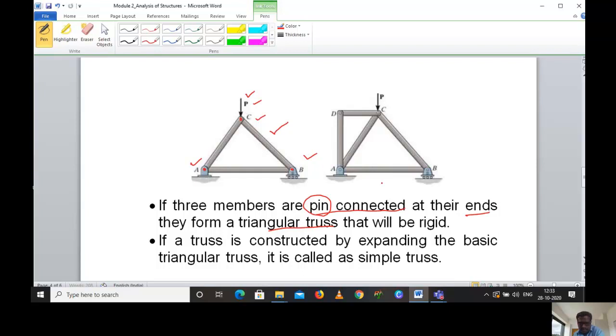This is a triangular truss. That will be rigid. You have to understand that word. This entire thing is pin connected and it will be a rigid structure. If a truss is constructed by expanding the basic triangular truss, then it is called a simple truss. So this one is called a simple truss.